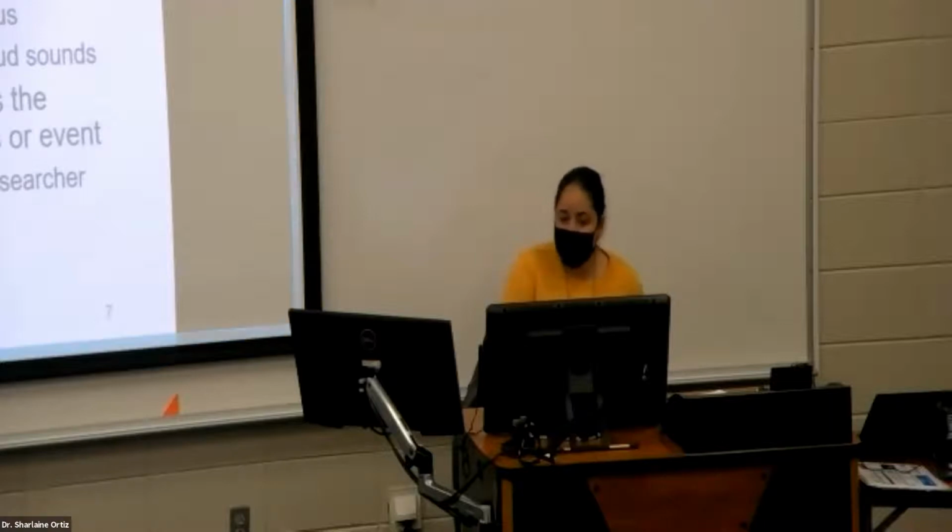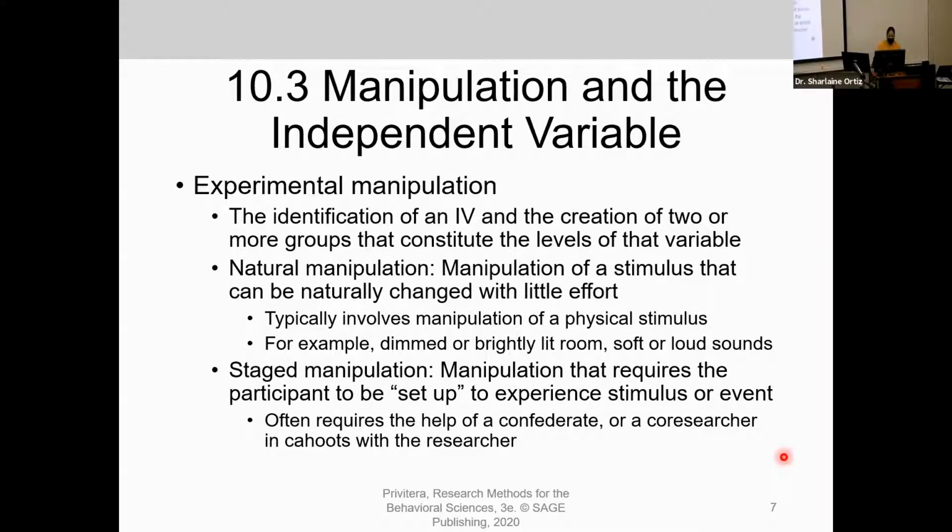Fantastic. So let's revert back to our slides. Now, whenever we are exposed to experimental manipulation, what we're trying to do is identify that independent variable, and I'm going to create at least two or more groups.